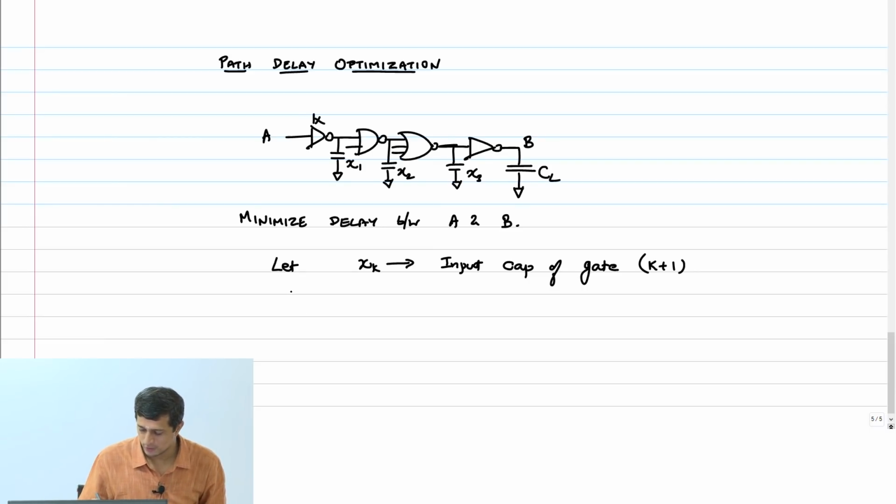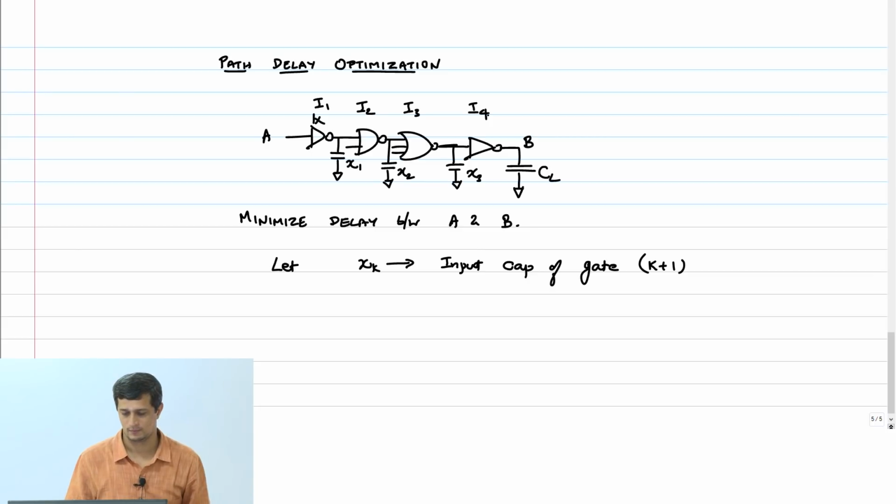So now what I can do is write my delay expression for each of these gates like we did earlier, right? So I have gates I1, I2, I3 and I4.